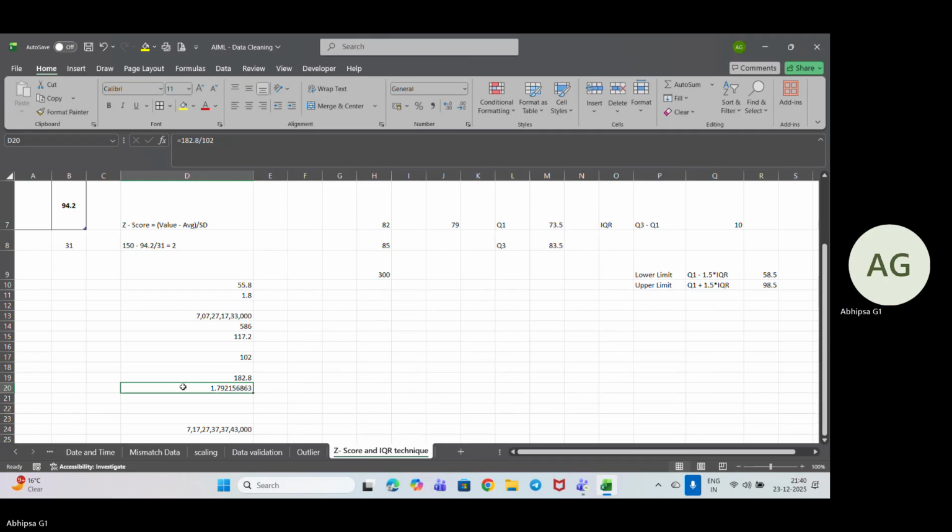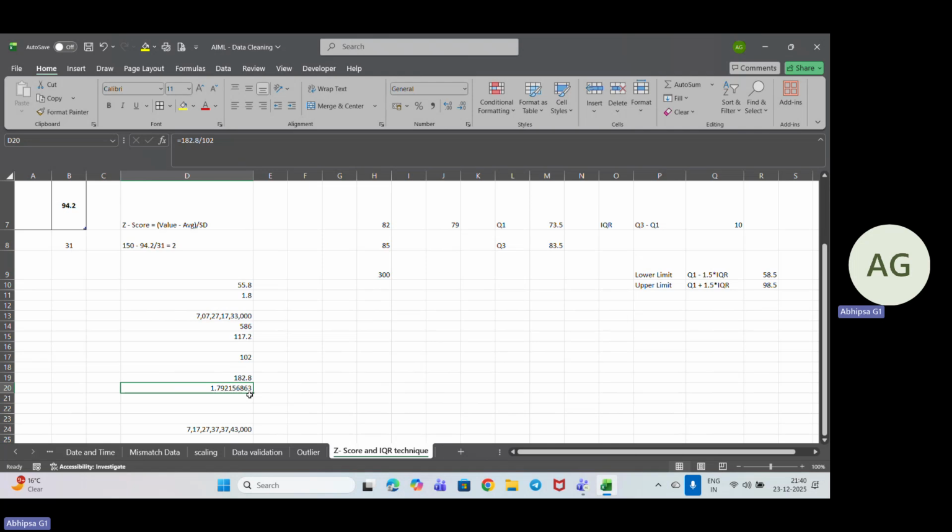Now, regarding the effect of outliers, the IQR is affected by outliers because we are calculating the average accordingly, and at the end we are trying to get the median. But in the Z score, there is less effect of outliers, as we can see, because there is a specific rule set for the Z score that we have already discussed.